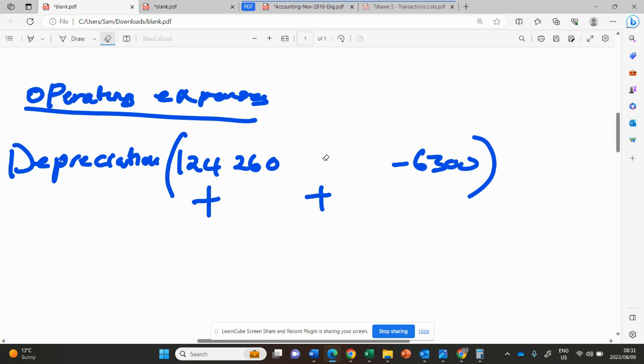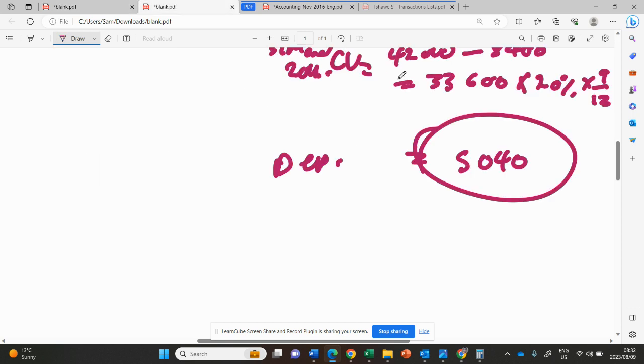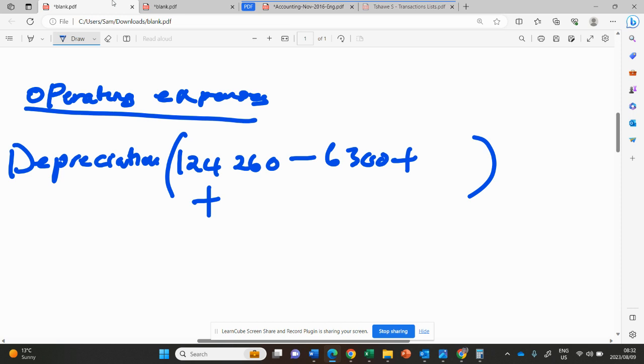So here we're gonna subtract only the depreciation of 6,300 and add the correct one for the current year. The current year is this one, 5,040. So we're gonna add 5,040, which is the correct one. So now this is gonna be the final amount there.